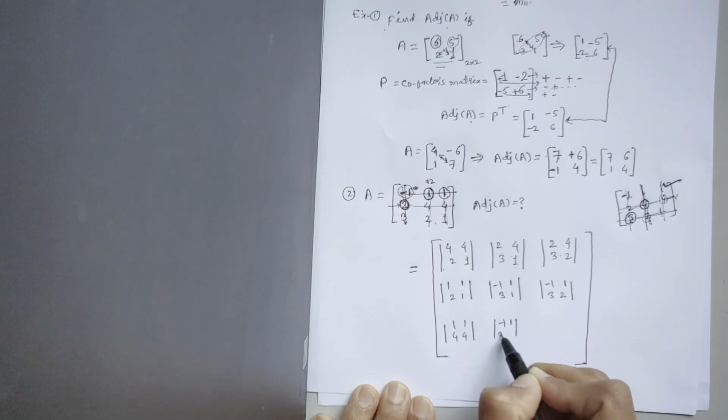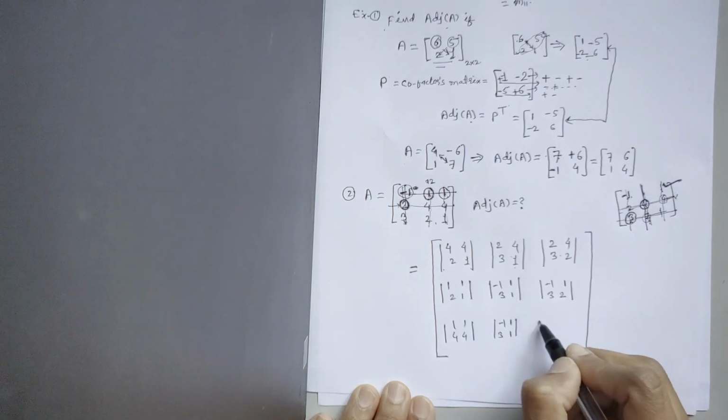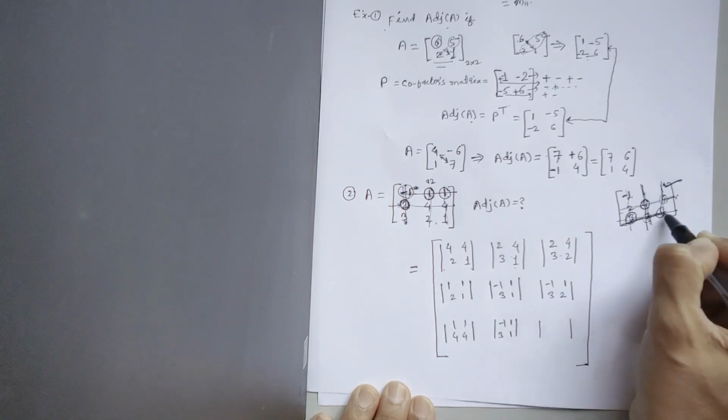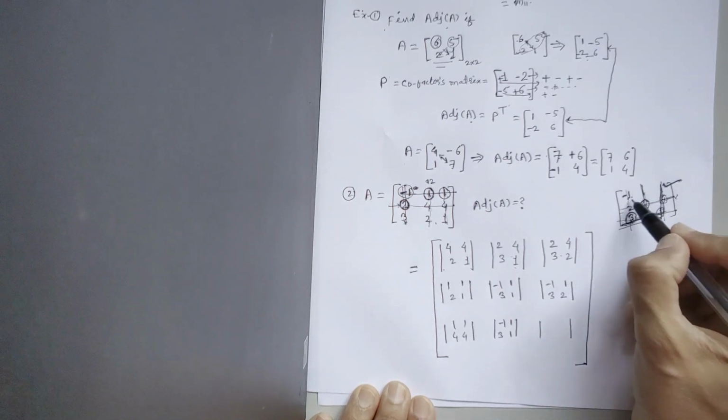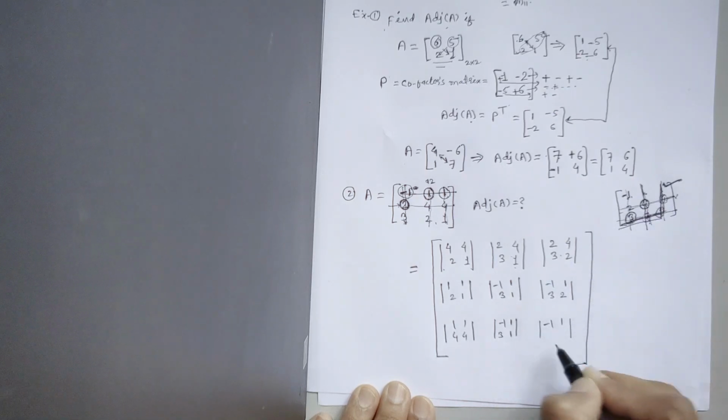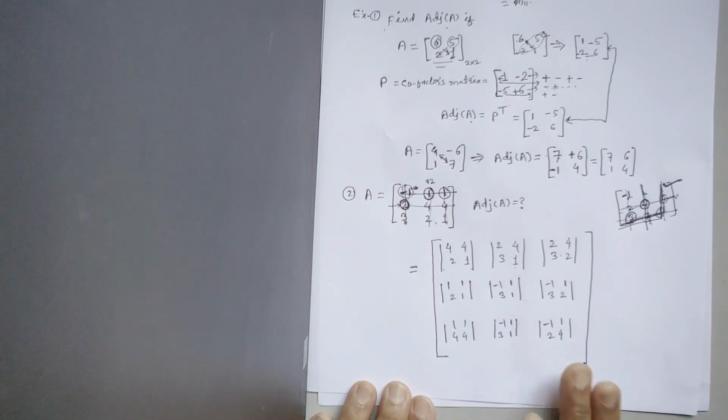Minus 1, 1, 3, 1. All right. Last one, just eliminate this row and this column. The remaining is minus 1, 1, 2, 4. Okay, got it? Just observe how I make this matrix, and then I will tell you how to change the signs.